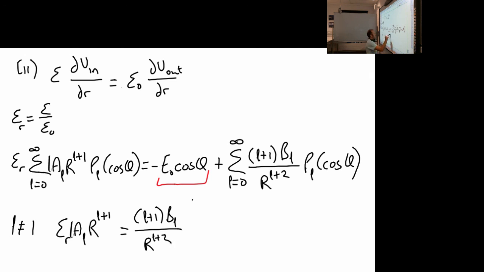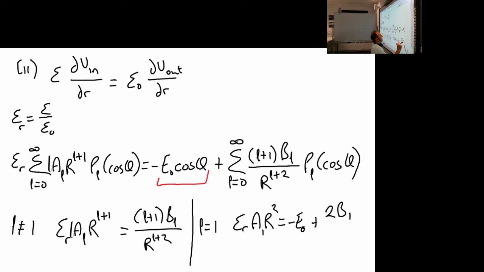Okay. And then whenever L does equal 1, what we will have is epsilon r A1 r squared equal to minus E naught plus 2 B1 divided by r cubed.